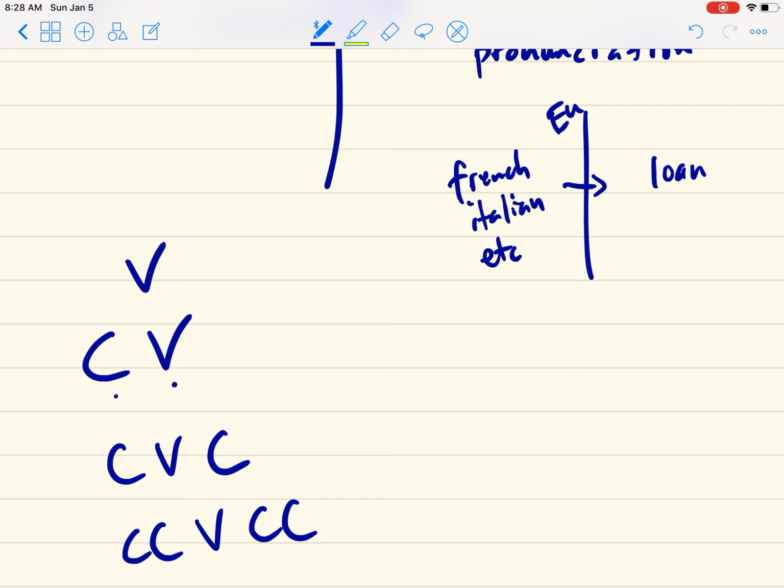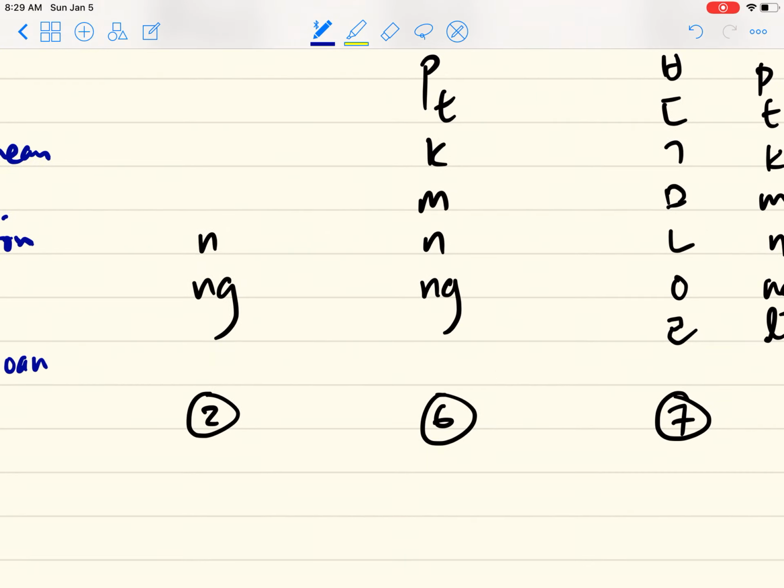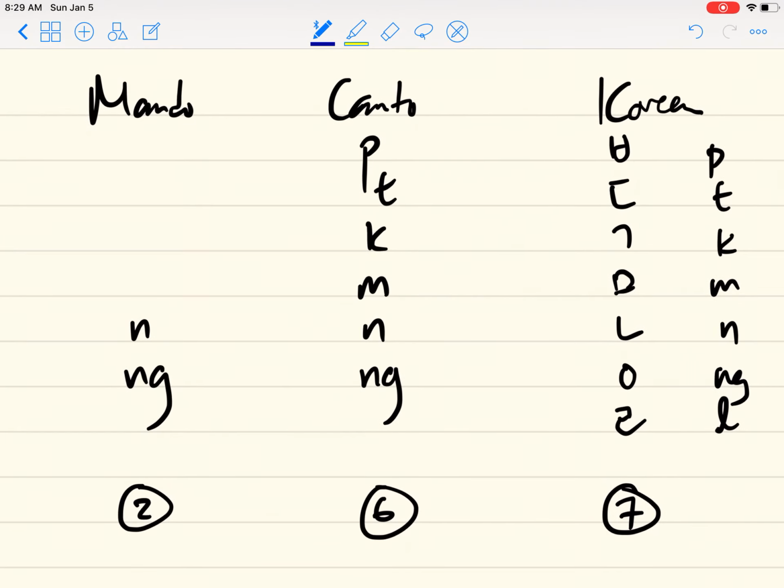And so what we're looking at in particular is the preservation of these end consonants, which has mostly dropped out in Mandarin, which is what is most widely spoken in China today. So we'll look at the inventory of Mandarin, Cantonese, and Korean.